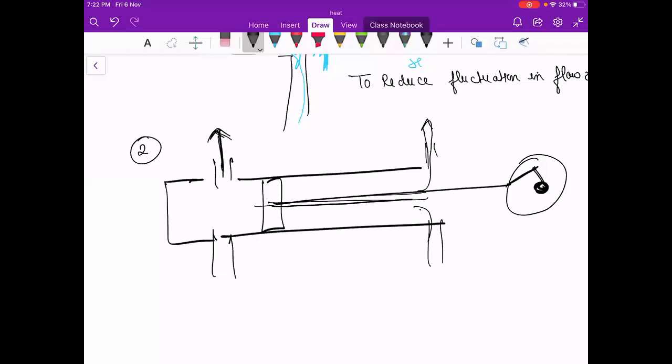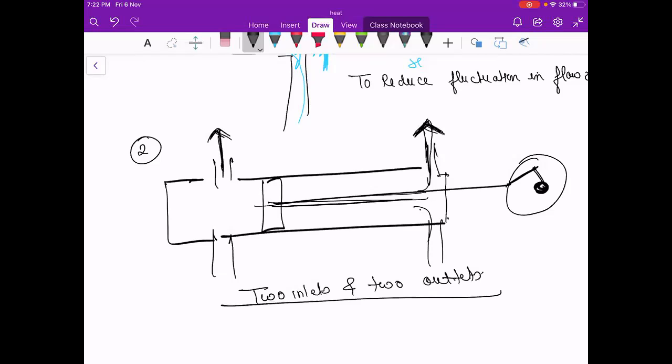So this phenomenon is also used to reduce the fluctuation. Means two inlets and two outlets.